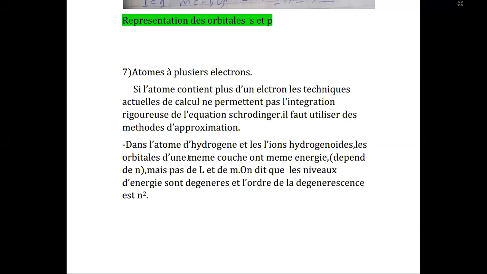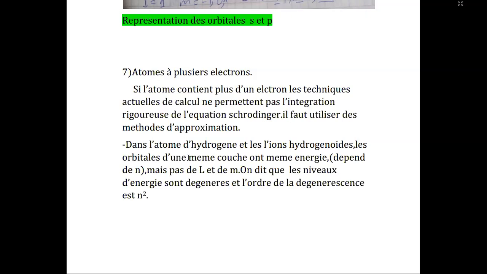So the shell here is the one which plays a huge role when you move from one shell to another. But in this case, L and M don't play any role. When you calculate your L, you only have L equal to 0 and M equal to 0, and you have one orbital, and that doesn't have an effect on the energy.